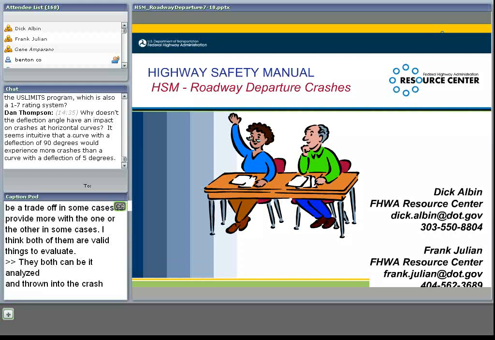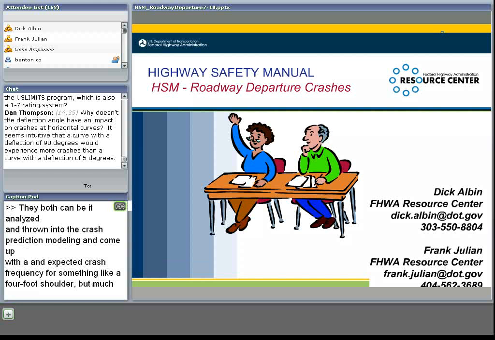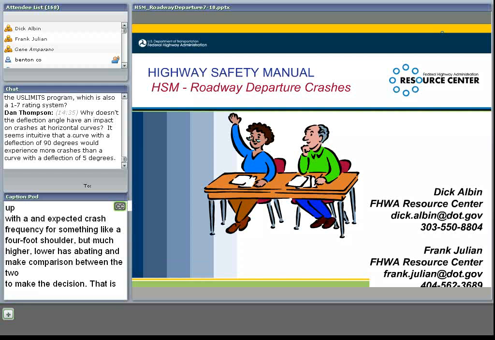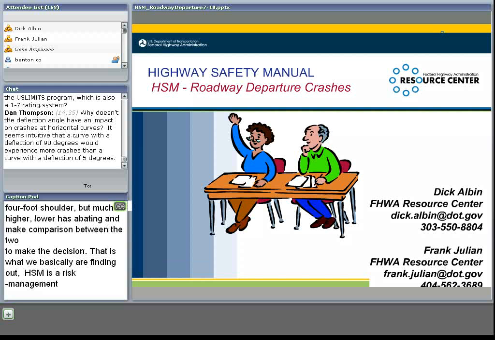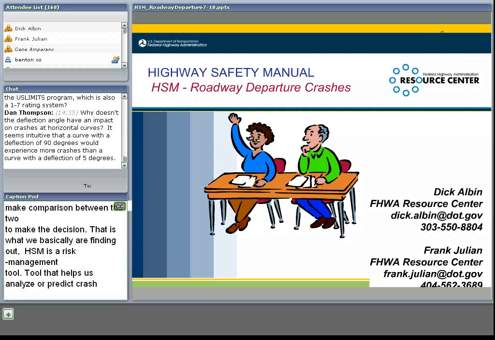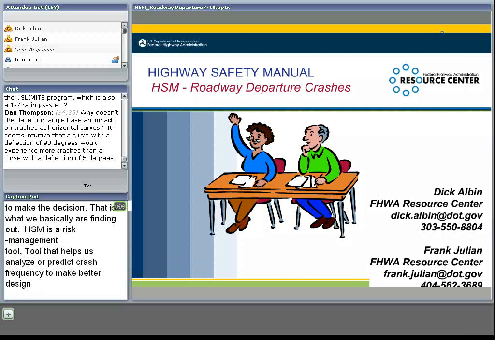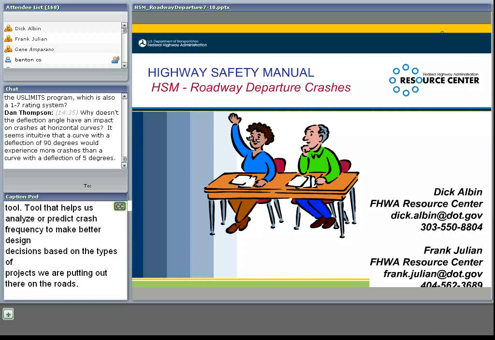So I think both of them can be evaluated. It might be a trade-off in some cases to provide more width of one or another, but both are valid things to evaluate. They both could be analyzed and put into the crash prediction modeling to come up with an expected crash frequency for something like a 4-foot shoulder but a much lower hazard rating, and then you can make a comparison between the two and make a decision.